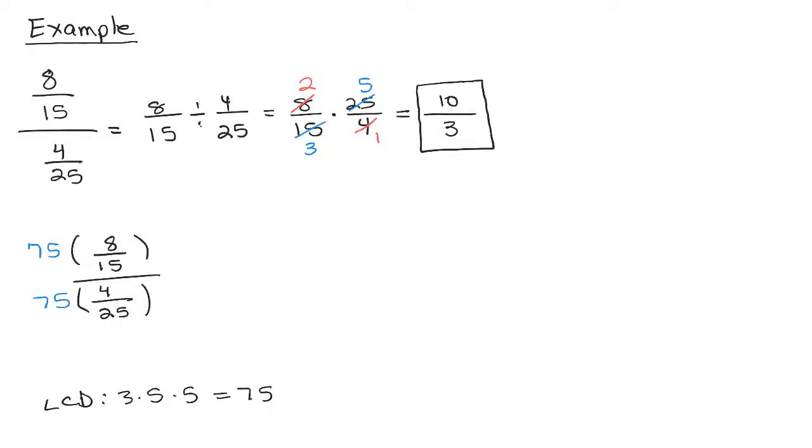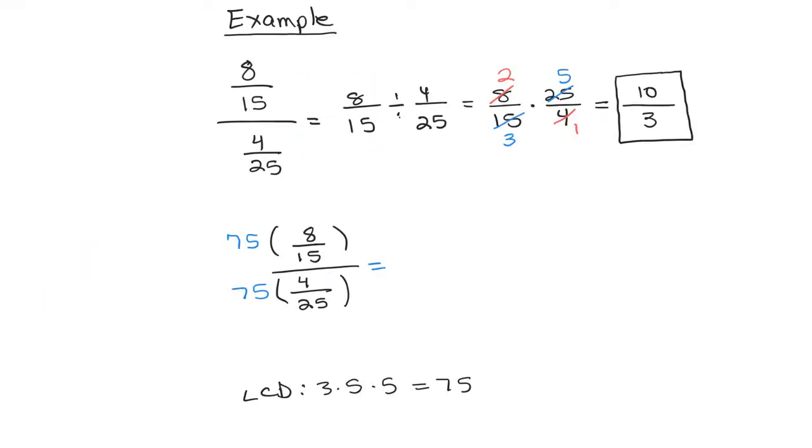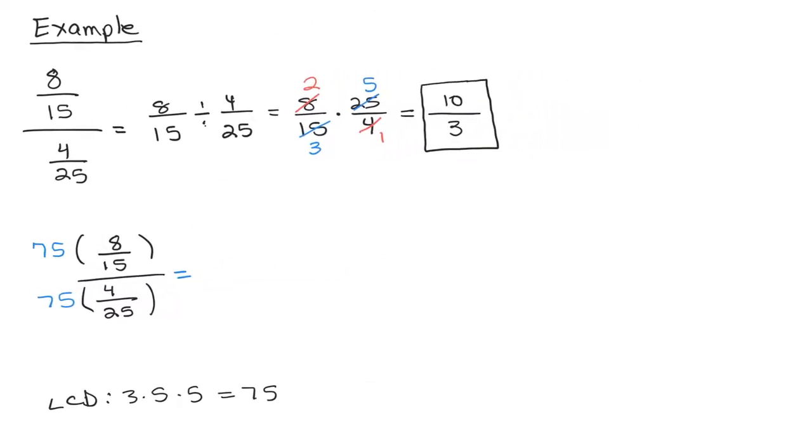So I'm just going to distribute. And when you do this, the reason this works is because 15 will go into 75 and 25 will go into 75. So we're going to get rid of our fractions in the numerator and denominator.